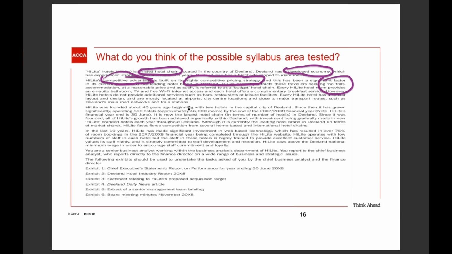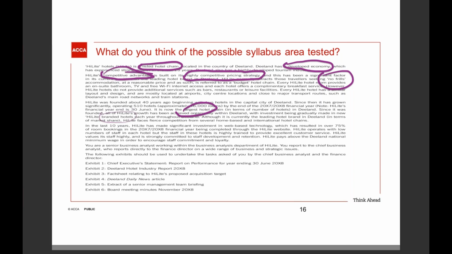So they talk about what they have, where they are located, and at the same time they're also talking about being the largest branded hotels. What else do they mention here?